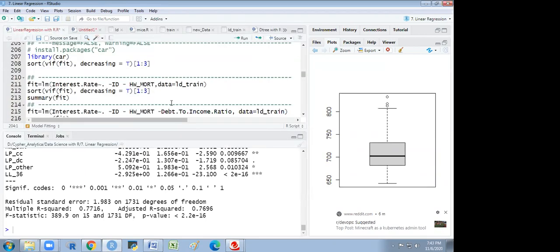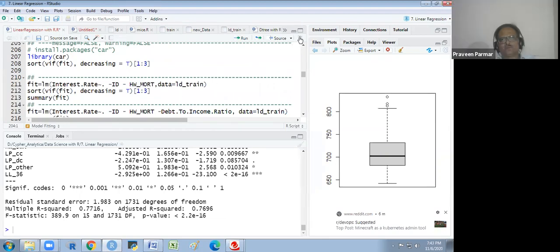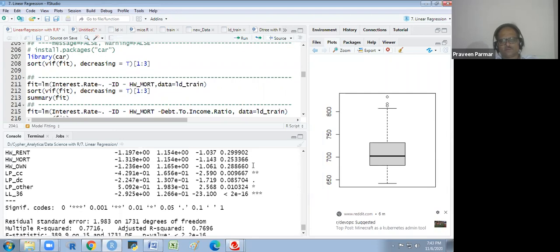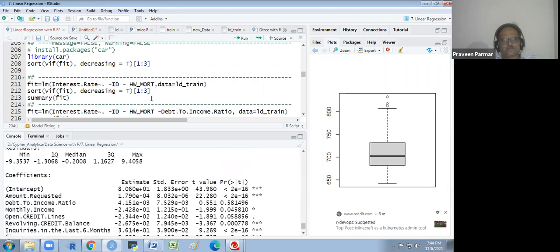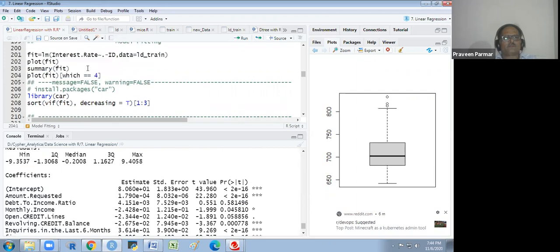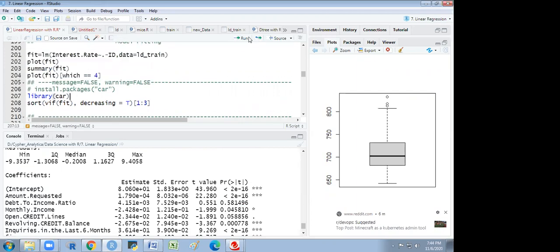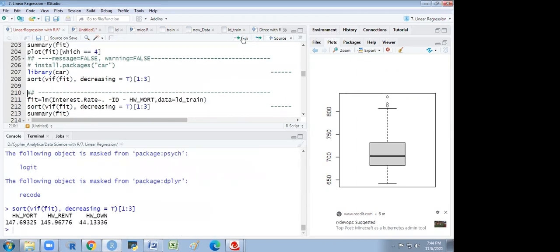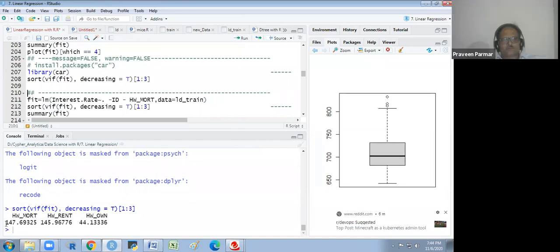Yesterday you told us that we have to take the VIF value first. We have not taken the VIF value. Okay, I have not taken it here. Sorry. It is this one, house rent mortgage. Correct.